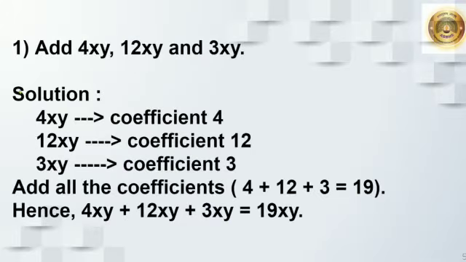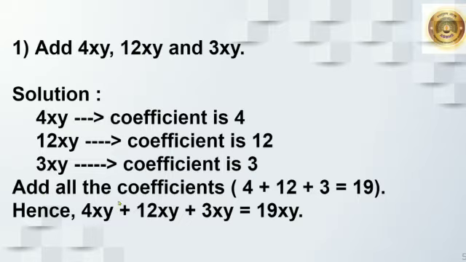Let us see an example. Suppose you want to add 4xy, 12xy and 3xy. All these are like terms because they have the same variables and the powers of the variables are also the same. The coefficient of 4xy is 4, 12xy is 12, 3xy is 3.